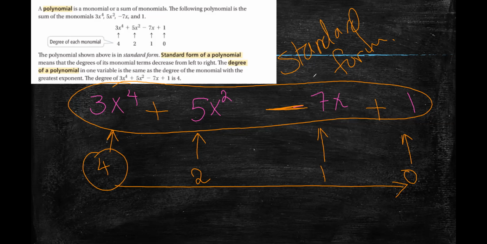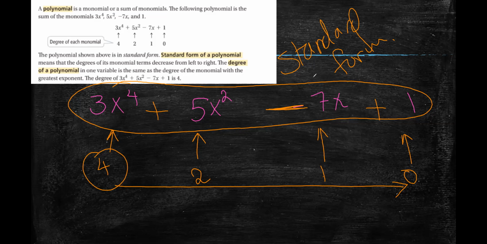And if I ask you, what is the degree of each monomial? You tell me, teacher, the first one is 4, the second one is 2, the third one is 1, and the fourth one is 0. But if I'm asking you now, what is the degree of the polynomial?